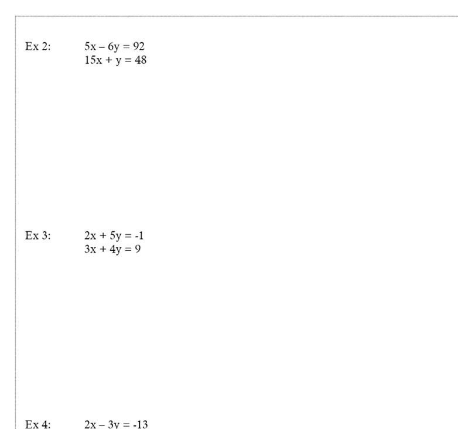And it looks like I'm going to multiply the second equation through by a 6. If I chose my x's, well, I could have multiplied through by a -3, but I'll choose 6. So when I multiply through, I distribute, and I get 90x plus 6y equals 288.